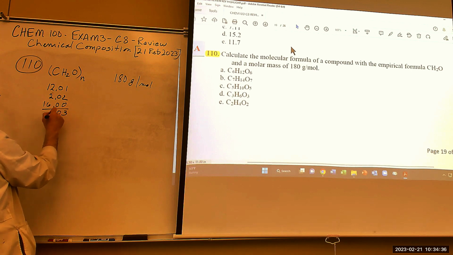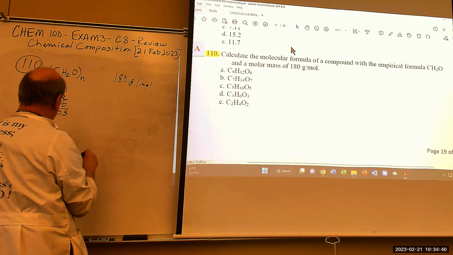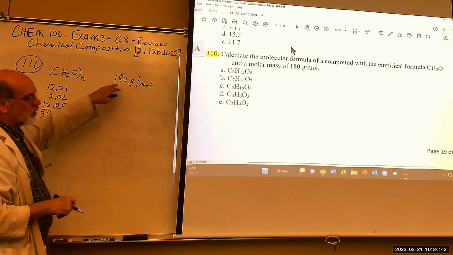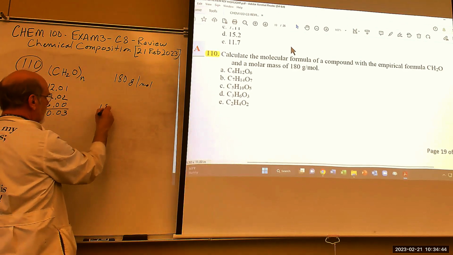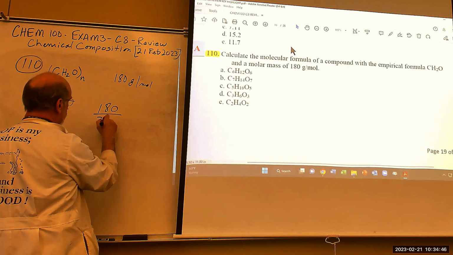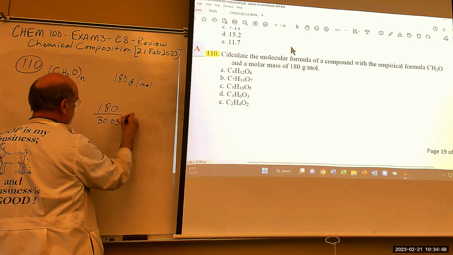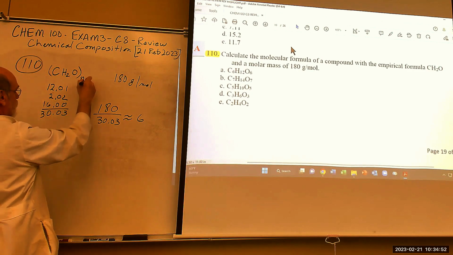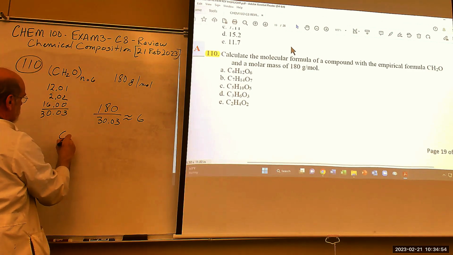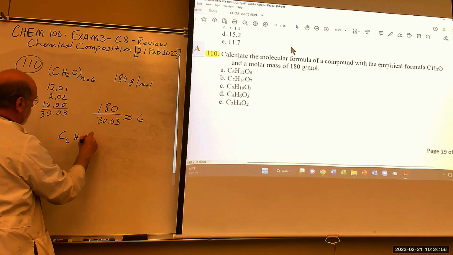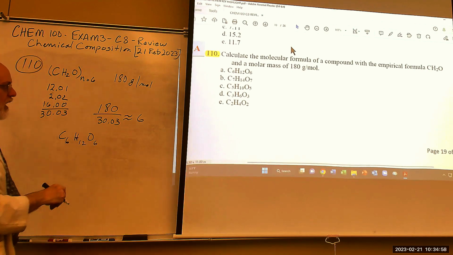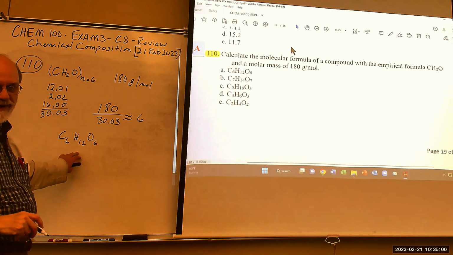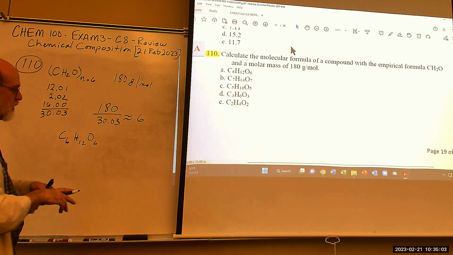All right, so that's 30.03. How many times will 30 go into 180? Right. 180 divided by 30. It's about 6 times, right? So N equals 6, C6H12O6. Probably glucose. We saw that one in a previous problem.